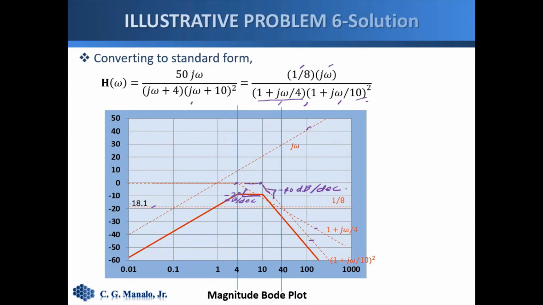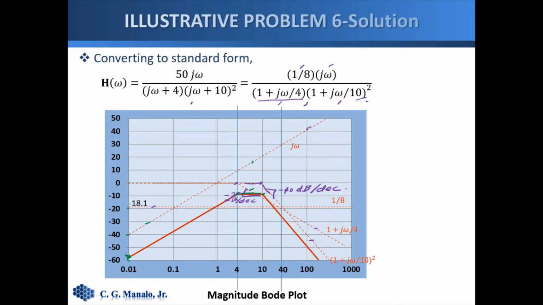So how was that plot obtained? At omega equals 0.01, we add this and this one. This one is a 0, so we get this one. And then from there, the plot should follow the slope of this. Okay, and up to here, where the slope and the slope cancel with each other, so the plot should be constant.